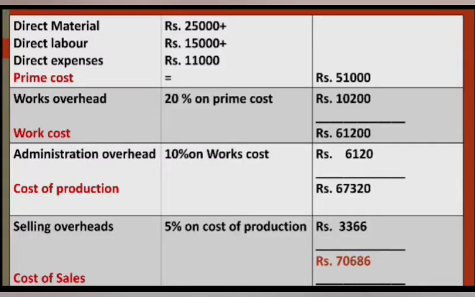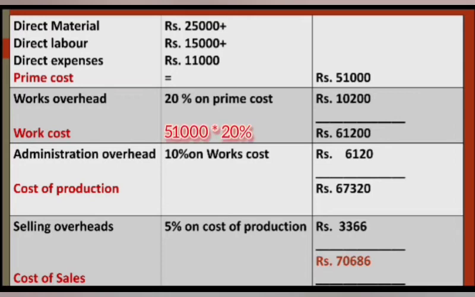We get prime cost by adding direct material, direct labor and direct expenses. That is 25,000 rupees, 15,000 rupees, 11,000. By adding, we will get rupees 51,000 as prime cost. Next, we have to calculate work cost. For this, we will go with work overhead 20% on prime cost.